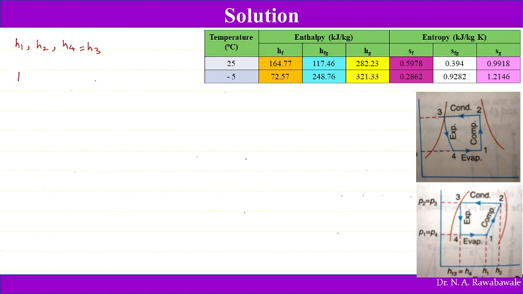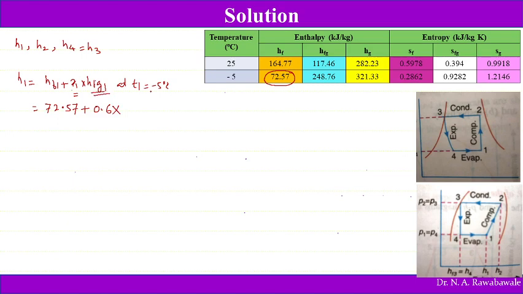To find out H1, with dryness fraction, enthalpy at point 1 is nothing but HF1 plus X1 into HFG1 at temperature T1 equal to minus 5 degrees Celsius. So HF1 is given at minus 5 degrees Celsius as 72.57, plus X1 value is given as 0.6 in the problem. Dryness fraction at the suction of compressor is 0.6.